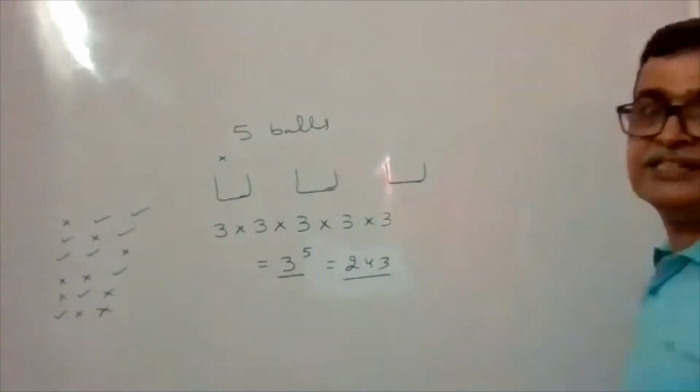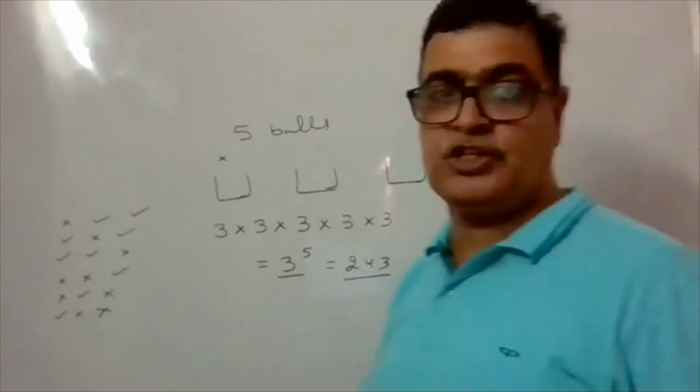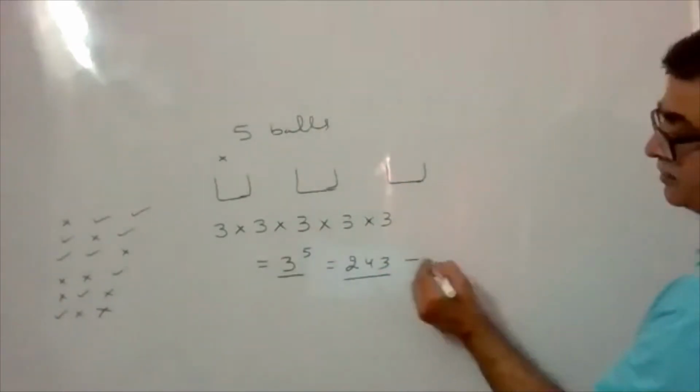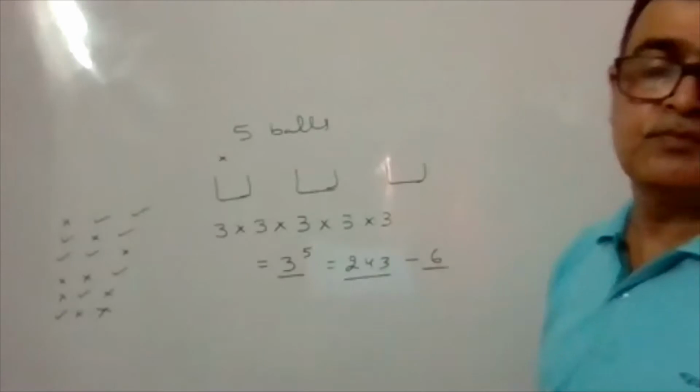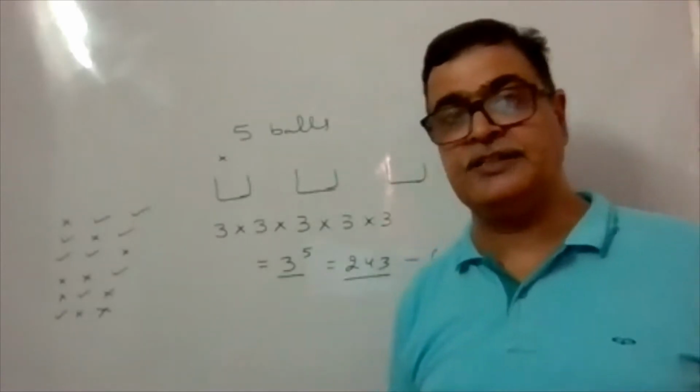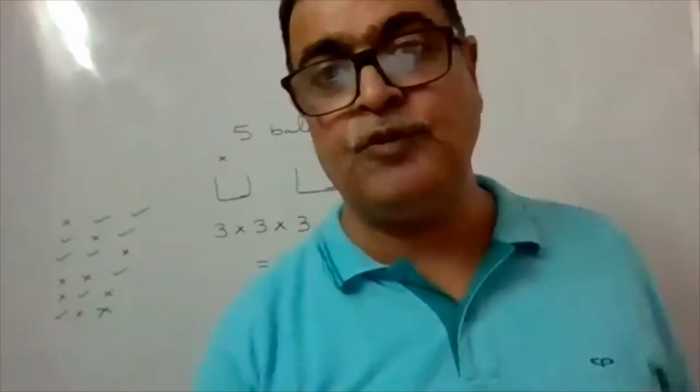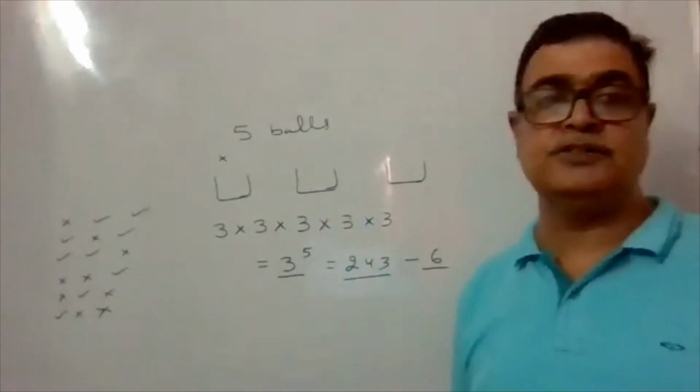So total 6 cases are there which we don't want in the question, so we should subtract 6. So the answer will be 237 cases in which no box remains empty.